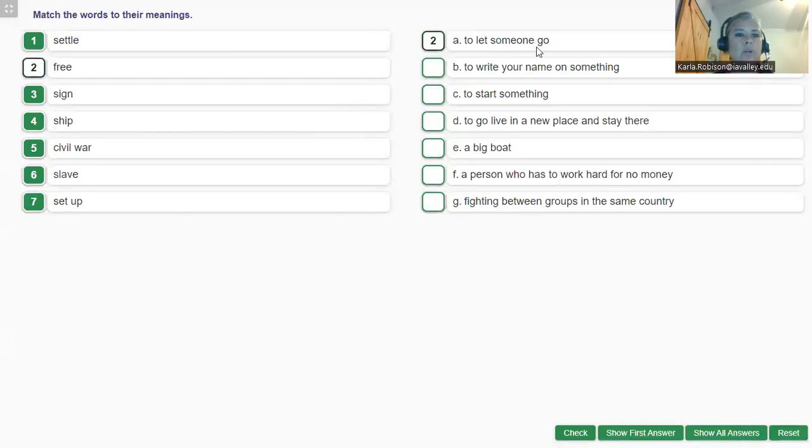To let someone go means to be free. To write your name on something means you will sign it. Okay, so you're going to write your name. To start something. So if I'm going to start something, I have to set it up. So I'm going to set up something to start it.